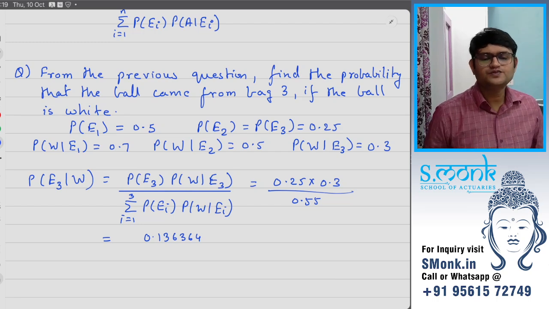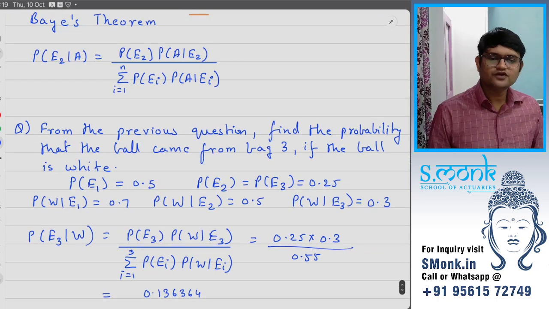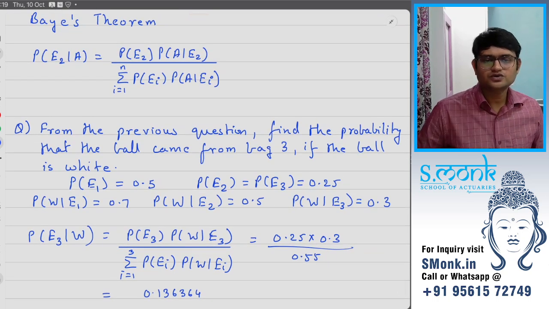This is how we use Bayes' theorem. So we are trying to figure out the path that we took.